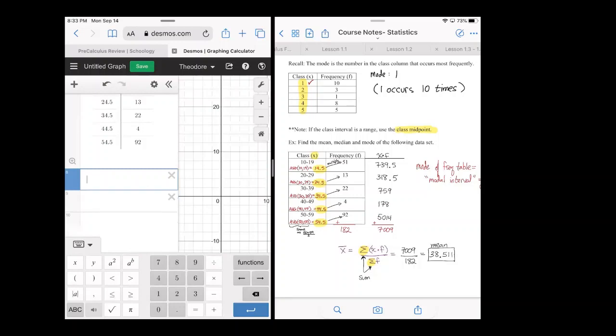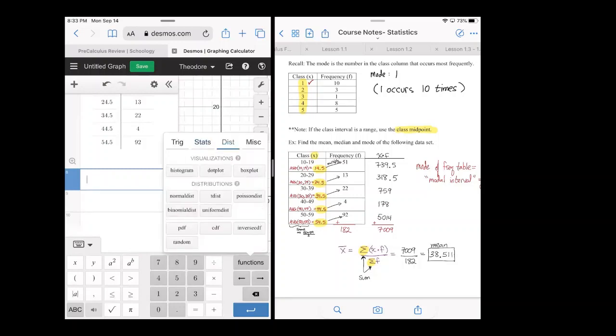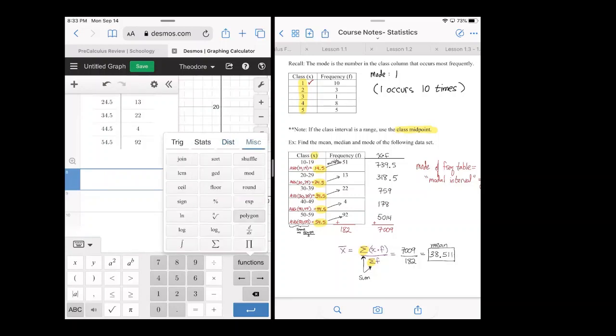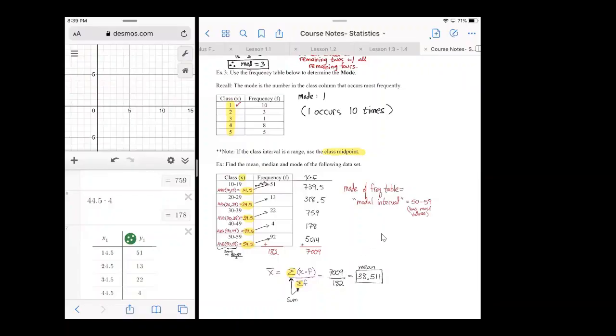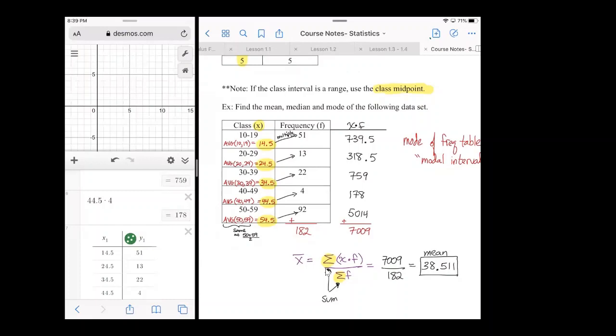No, that should work. No, it's not in there. All right, well, let me just pause. It is what it is. Sorry about that.